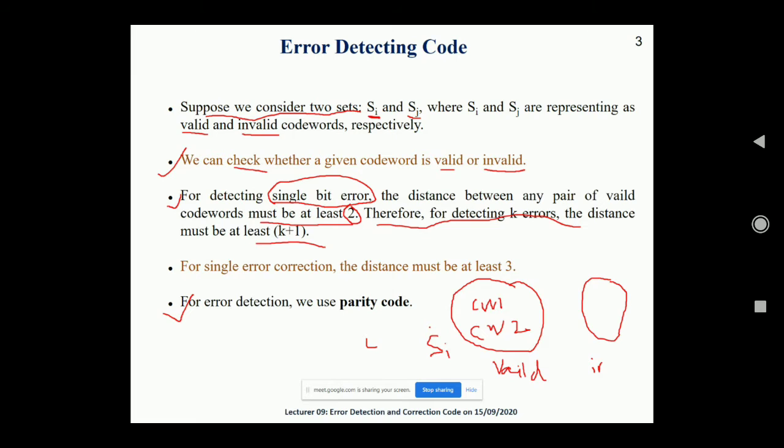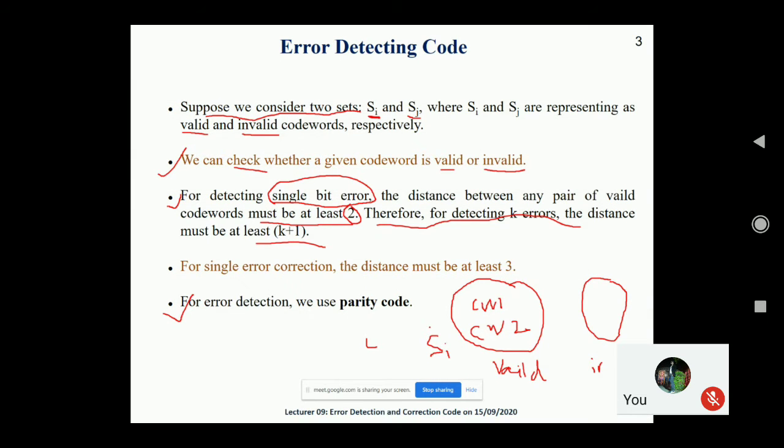Okay sir. This particular concept we use when errors occur. When a sender sends one piece of information to the receiver, if there are no changes in the information, that means it is valid. That means the receiver successfully got the original information. By default we consider that a valid code word.